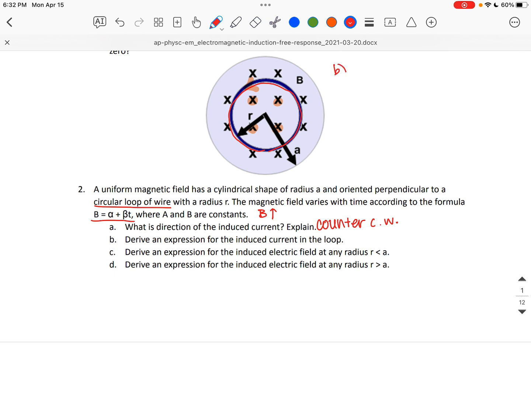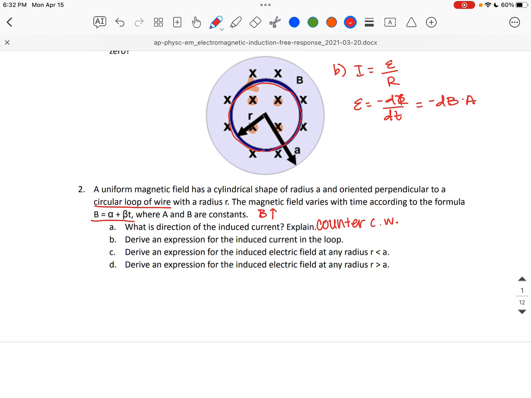So for part B, we always know induced current is EMF over R, and EMF is equal to negative change in flux over change in time. Flux is B dot A cosine theta, and we know that because the normal is parallel to the magnetic field, the cosine theta is just 1, so that cancels out.